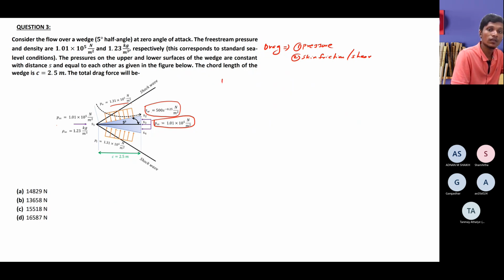So I will just write the equation, that is D prime. This prime represents that the span is of unit length, I mean the normal direction length is unit.